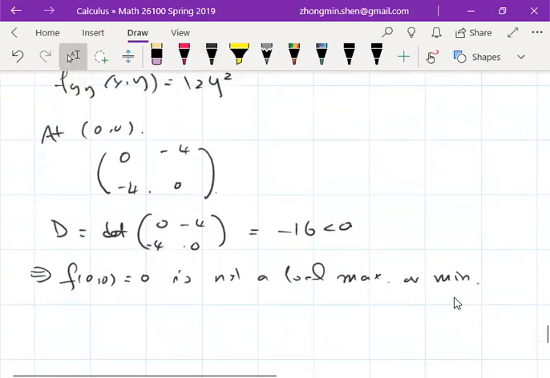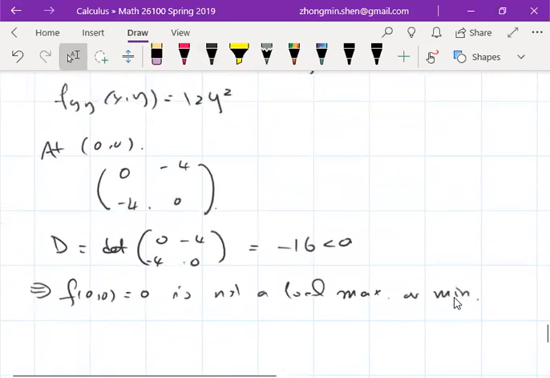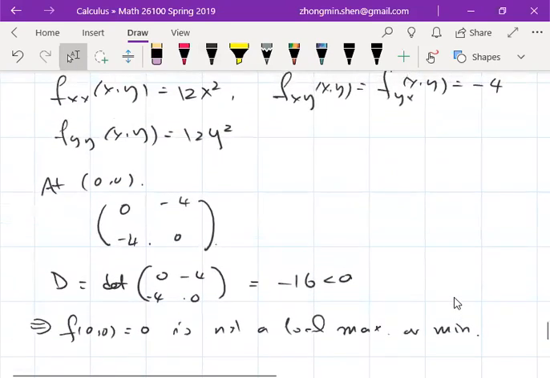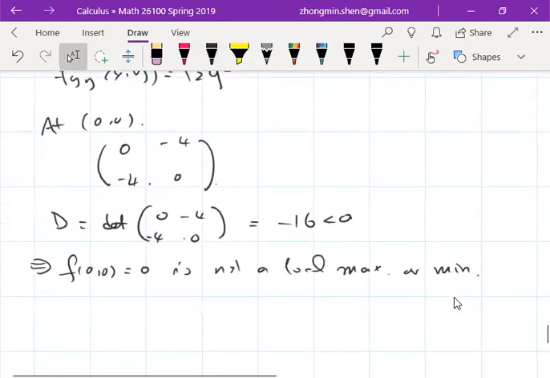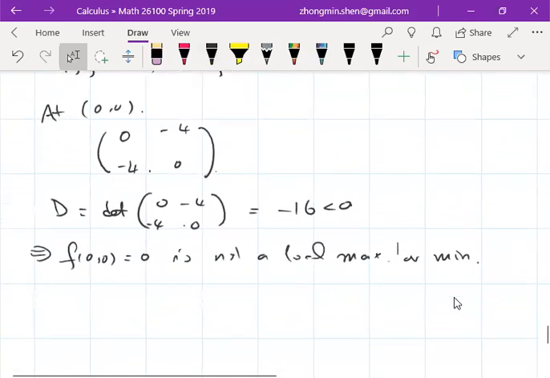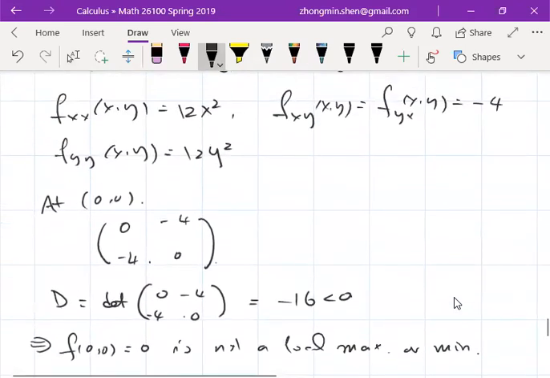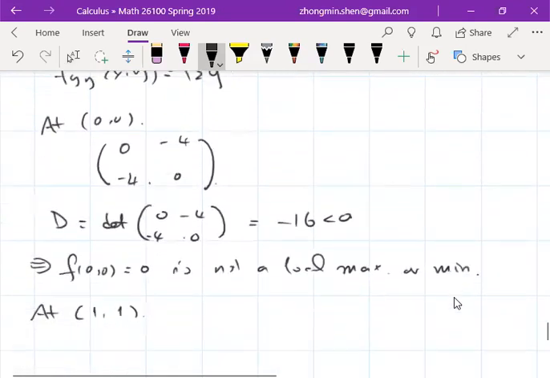The function is approximated by those second order partial derivatives. At (1, 1), I get 12, -4, -4, and 12.